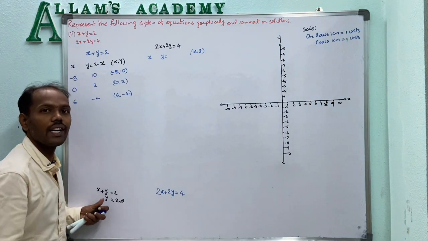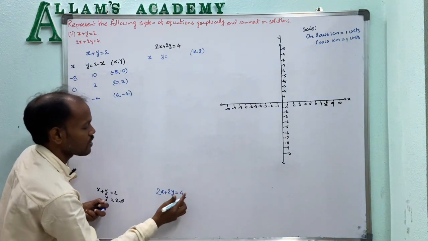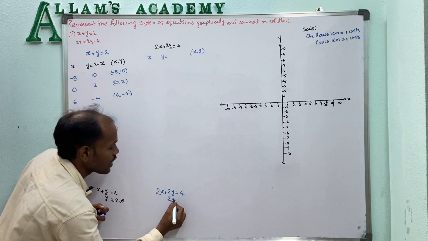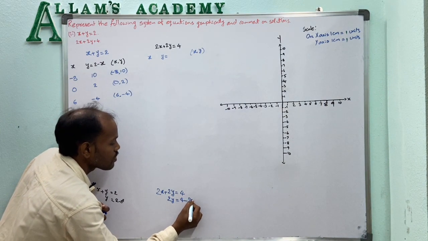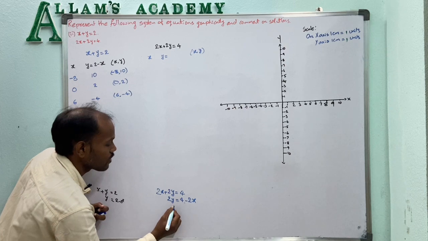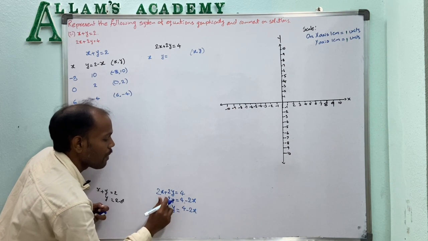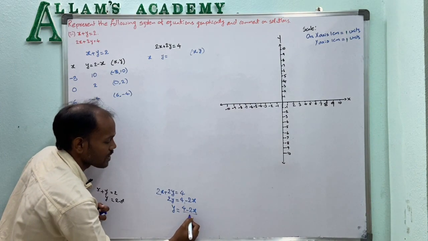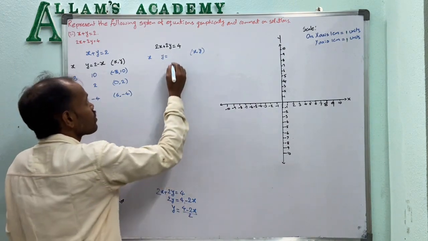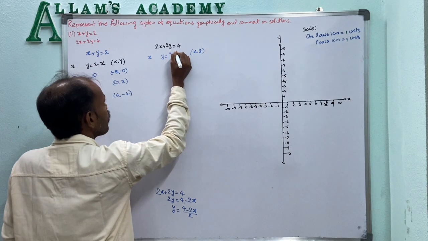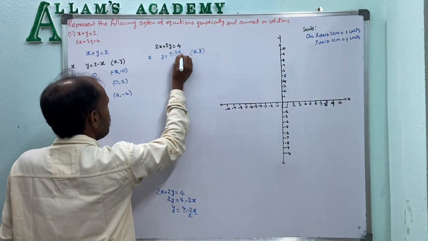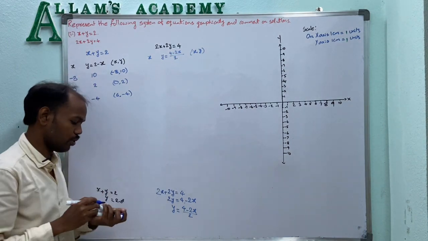We want to find the y value. So 2x transferred to that side is minus 2x, so 2y equal to 4 minus 2x. Multiplication when transferred becomes division, so y equal to 4 minus 2x, divided by 2.